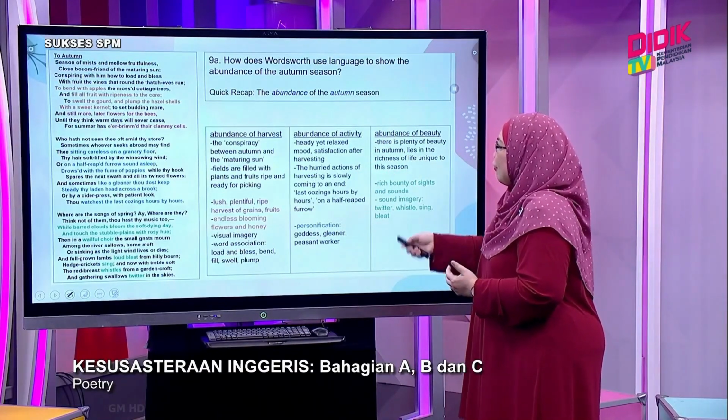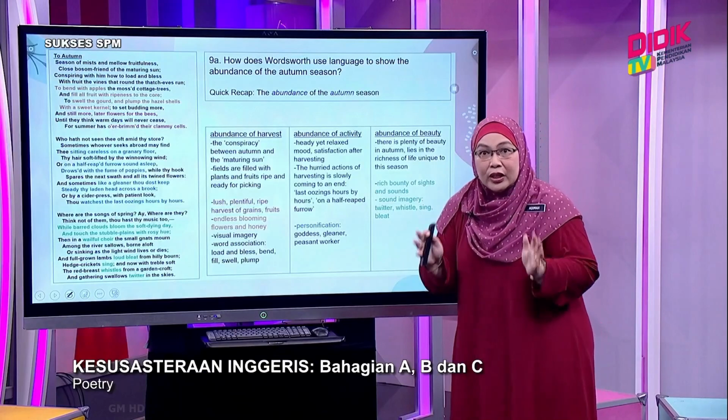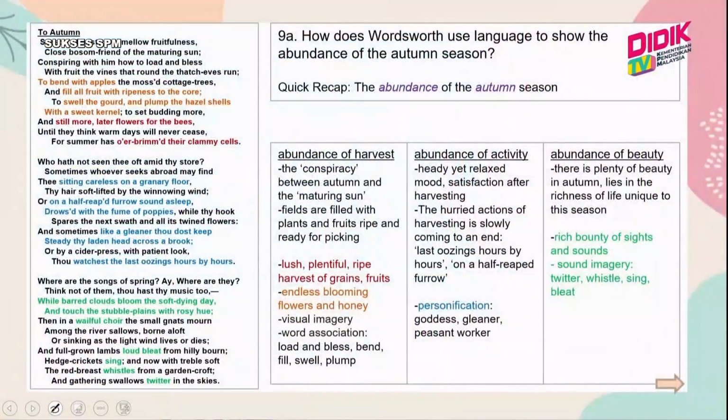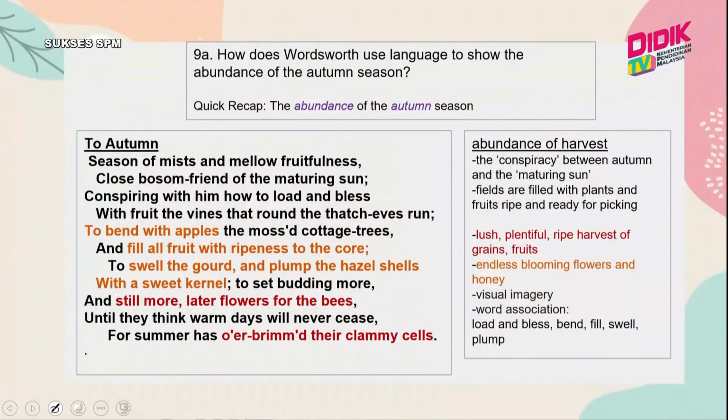So if you break it into three, abundance of harvest, activity, and beauty, you could then already lay out your response, all right? When you lay out your response, you would work out the first stanza and then relate it to the abundance of harvest. Where is that?